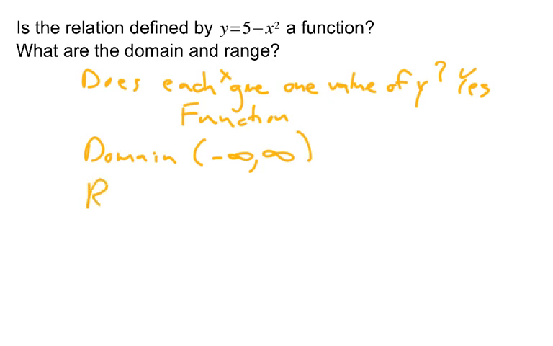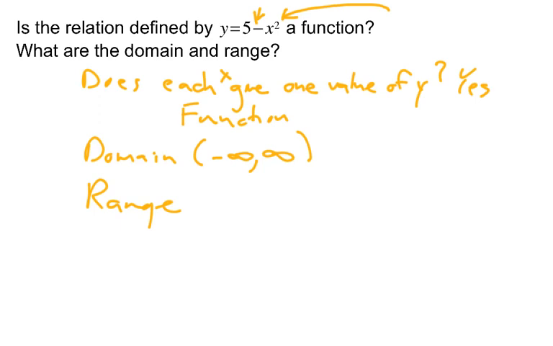Now, range is a little bit trickier. And I would not feel bad if you don't see this right away. You might rely on looking at the graph for a while. But here's what you look at here. Notice that whenever you square anything, you get a positive number. So if my equation says that I'm looking at 5 minus a positive number, I'm always taking something away from 5.